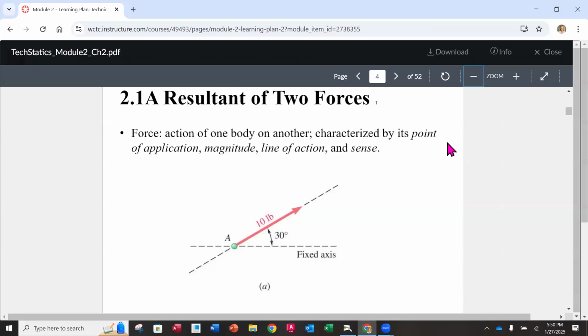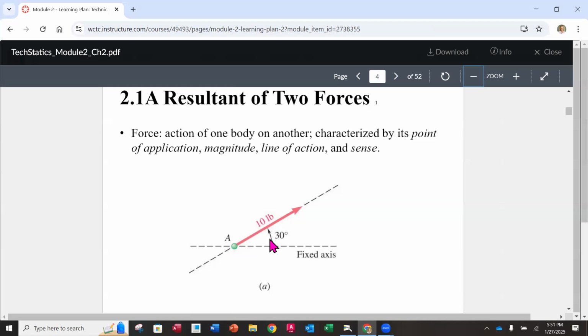The magnitude is going to be called out in two ways here. We have 10 pounds, which is the amount, the magnitude of that force, with the units of measure. And then you're going to notice that it's a certain length. By representing that as a length, that is what we are designating as its magnitude, okay?